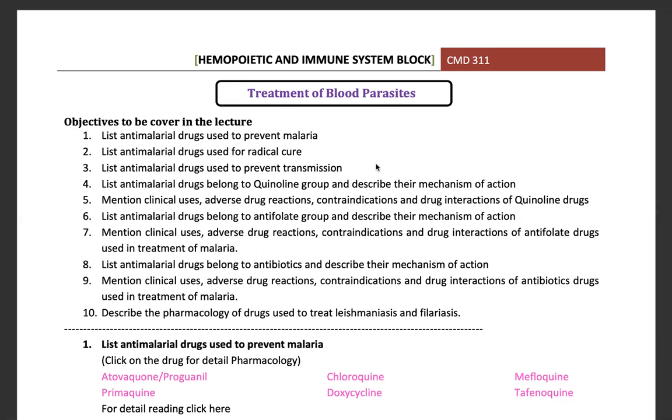Generally, malaria is caused by four main species, as you know. Plasmodium falciparum, the first one, Plasmodium vivax, Plasmodium ovale, and the last one is Plasmodium malariae.